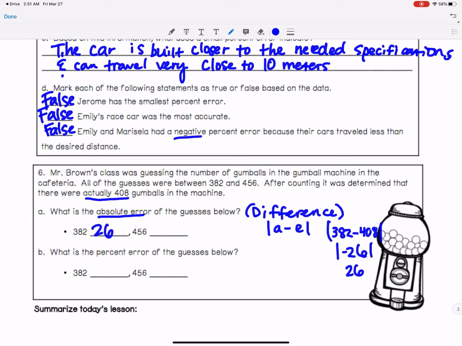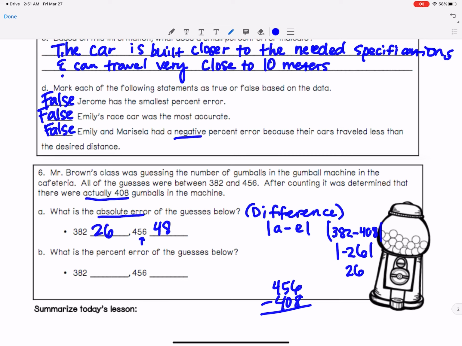Or you could have just done 408 minus 382. I'm going to do the same thing on the next one. What's 456 minus the actual number, which is 408? And that's going to give me 48.